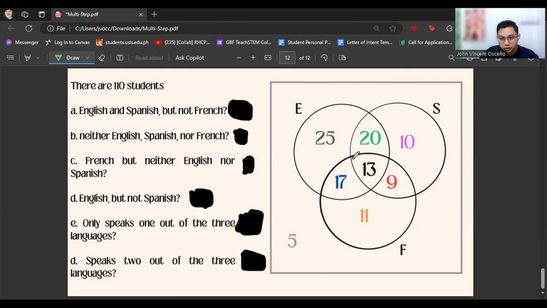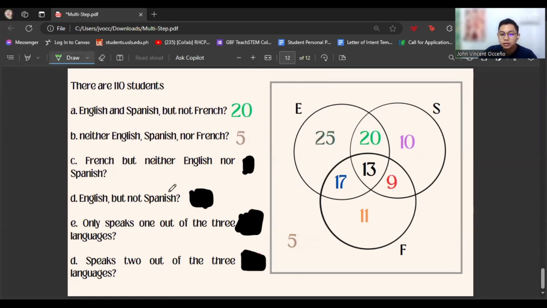So this one, English and Spanish. Next, neither English, Spanish, nor French. This means students who do not speak Spanish, English, or French at all. So it is outside what we have done earlier. That would be the solution.